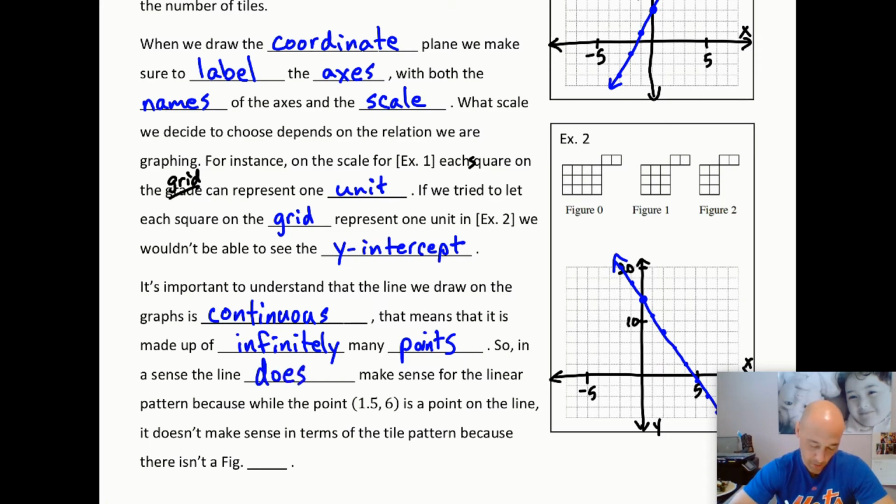So, in a sense, the line doesn't make sense for the pattern, because while the point 1.5, 6 is a point on the line in example 1, it doesn't make sense in terms of the tile pattern because there isn't a figure 1.5.